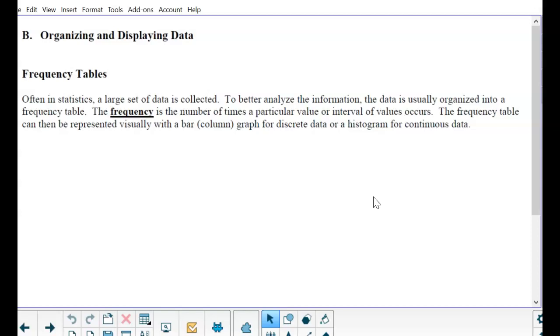You can't have part of a person being age 14. If you're 14 and a half, you're still considered 14. So it's just discrete data. We want to count the number of times each of the values occur.